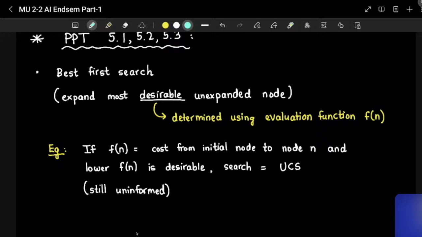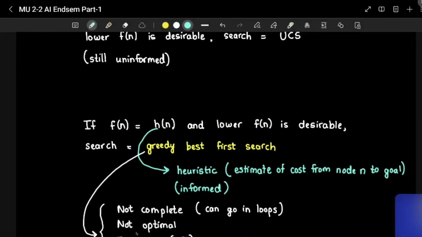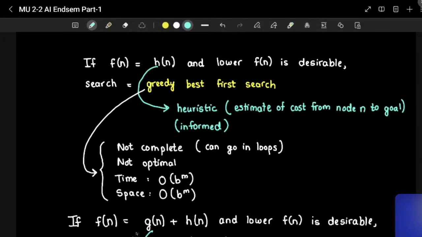It will expand the nodes that are closest to the initial node. So in best first search, if you keep f of n as a cost from initial node to current node, and if you want f to be as low as possible, then the search is nothing but UCS. But it is still uninformed because we are not adding any new information.